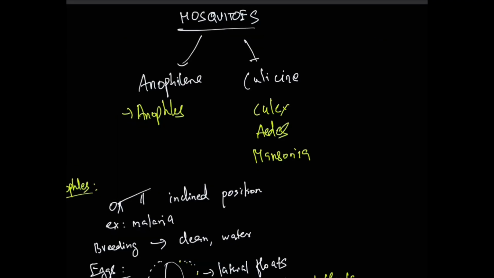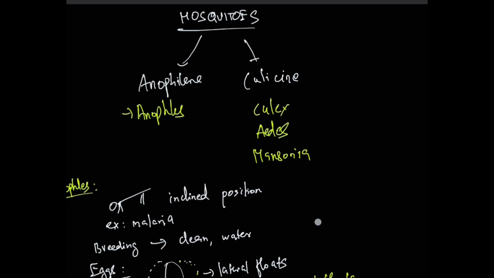Malaria. Coming to the main part of this video, you will be seeing about mosquitoes. Mosquitoes are divided into Anophelinae and Culicinae. In Anophelinae, only Anopheles is the example, and in Culicinae you will see three genera: Culex, Aedes, and Mansonia.